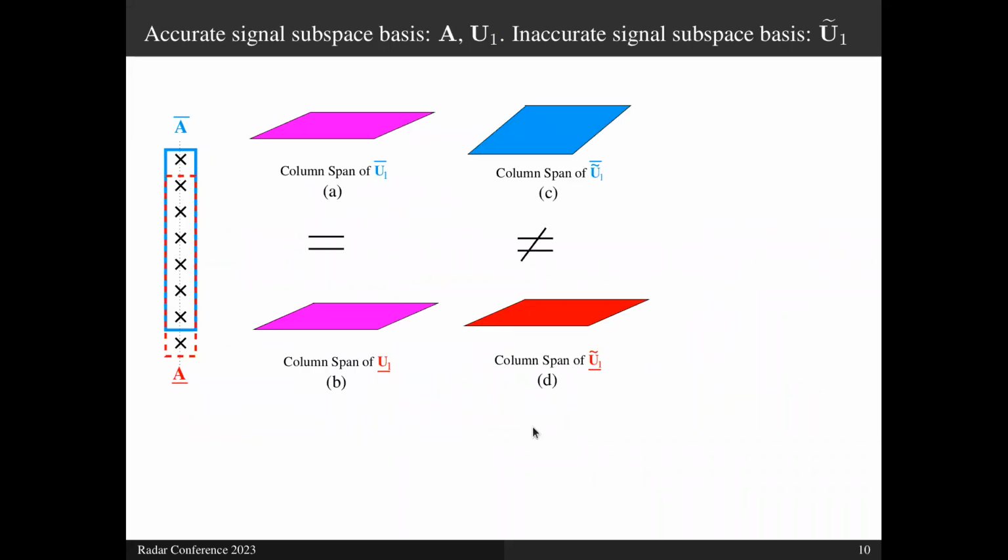So what we've seen is that the array manifold matrix and, in the noise-free case, the left singular vectors are accurate signal subspace bases. And in the noisy case, we have U1 tilde, which is an inaccurate signal subspace basis.